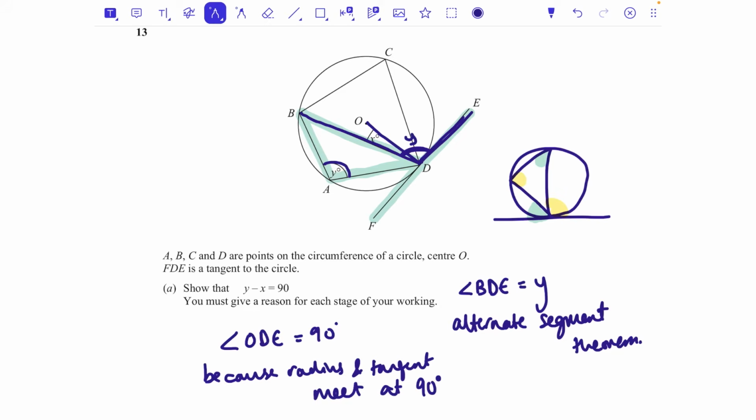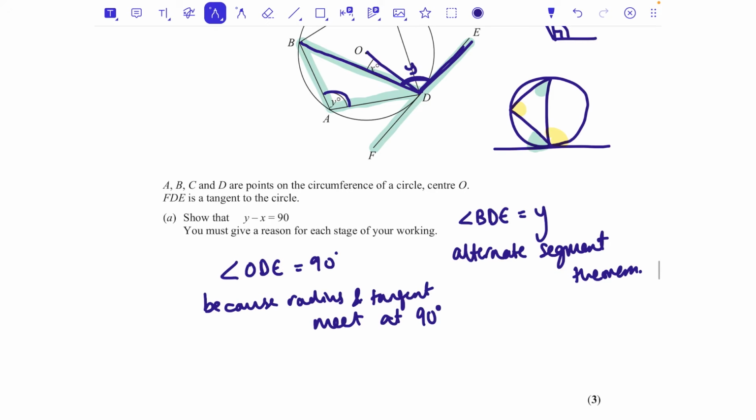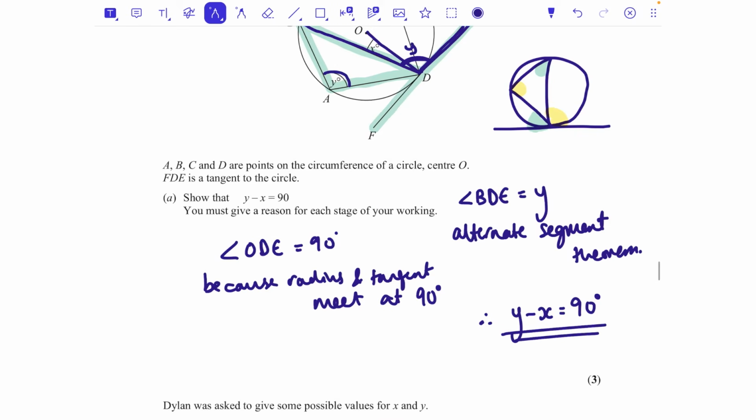So I therefore know that the entire angle is y, this bit is 90 and this bit is x. So therefore x add 90 equals y, or y take away x equals 90. So I'm just going to put therefore y take away x equals 90 degrees. I think there's a few different ways you could do that one, but that seems like the easiest way to me.